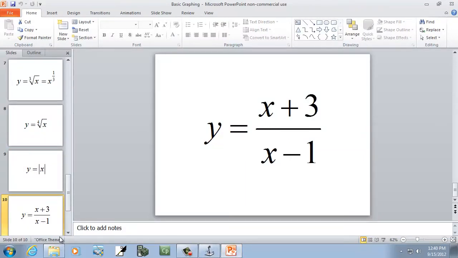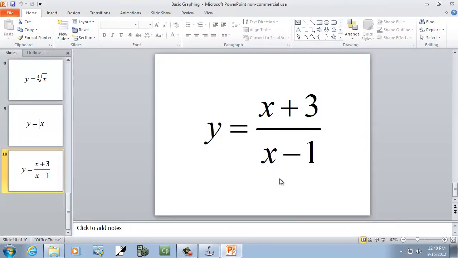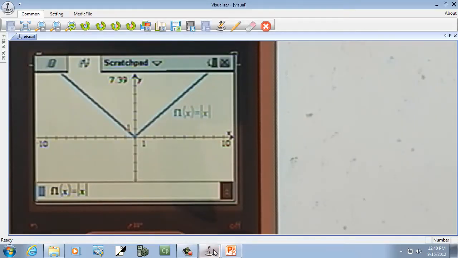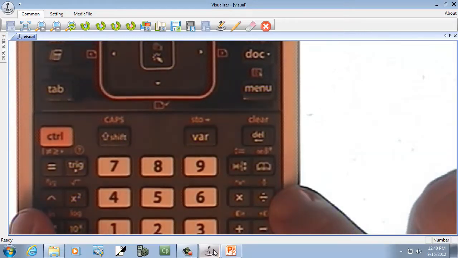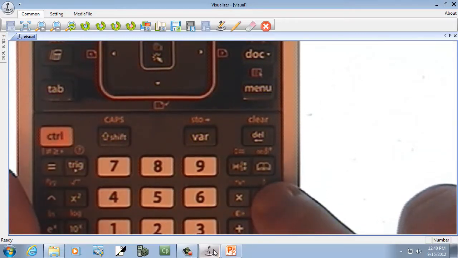Now the last one is we got this fraction here, x plus 3 over x minus 1. Well, press my right arrow key to throw it in edit mode. Press my delete a couple times. I want to choose the fraction. Well, remember the fraction is above your divide. So I do control divide.